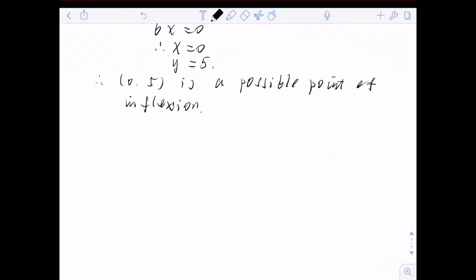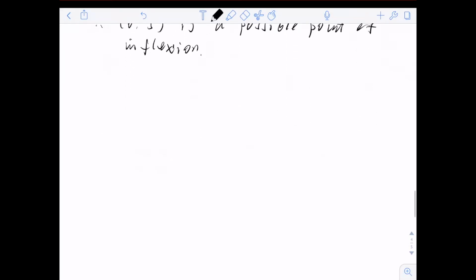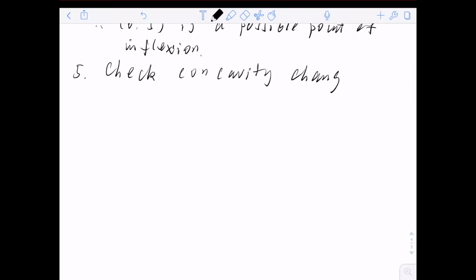And then we have to check the concavities. Step 5: check concavity change. So how do we do this? We make a simple small table to show if concavity changes or not.